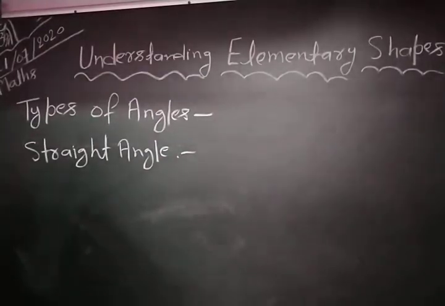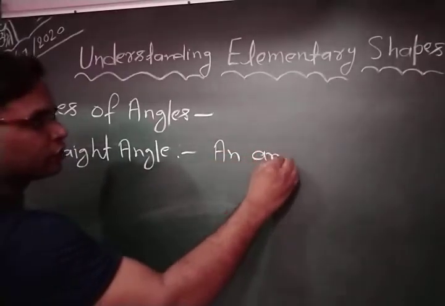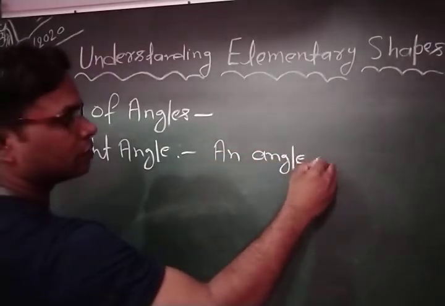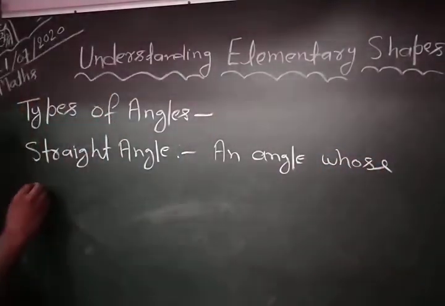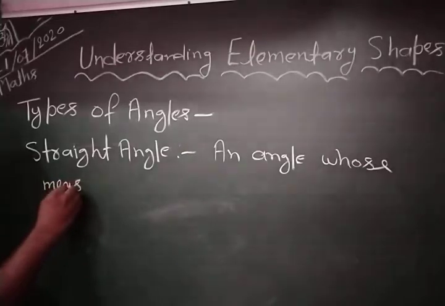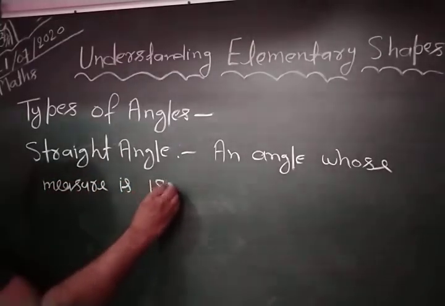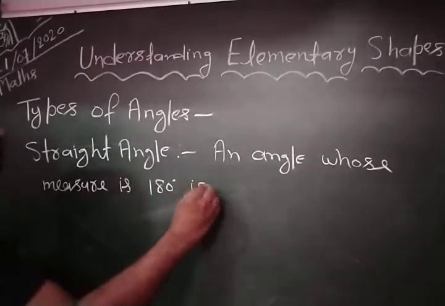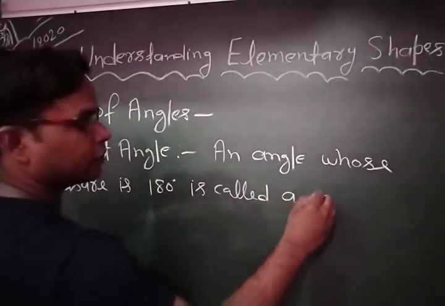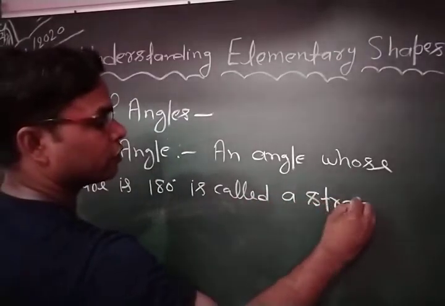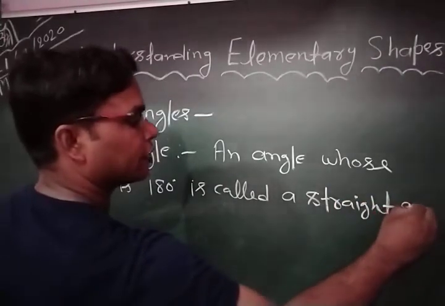An angle whose measure is 180 degrees is called a straight angle.